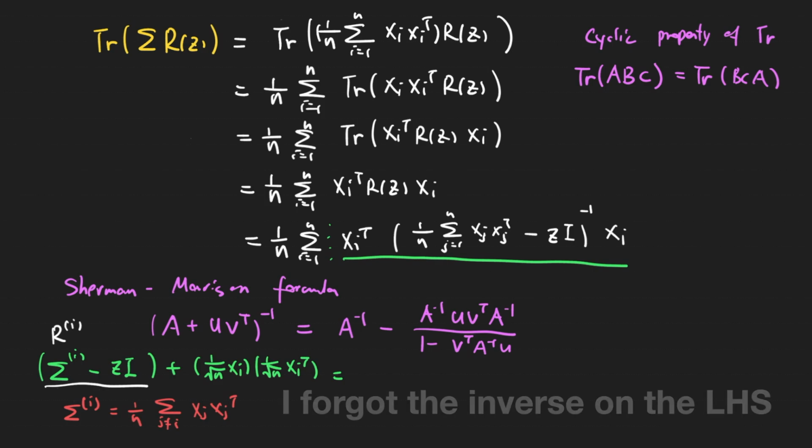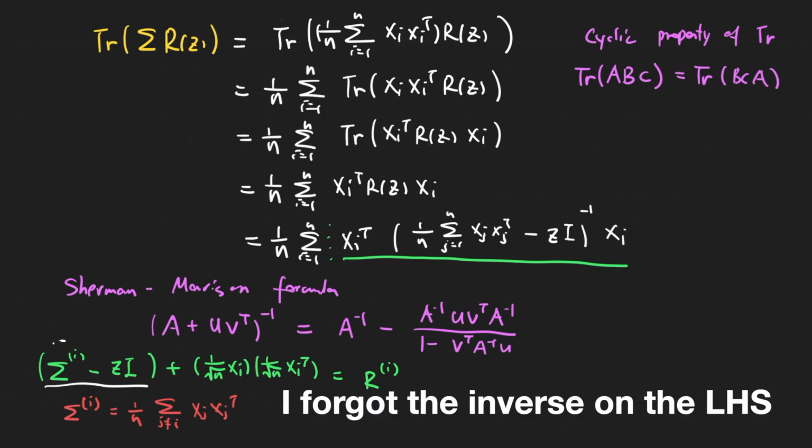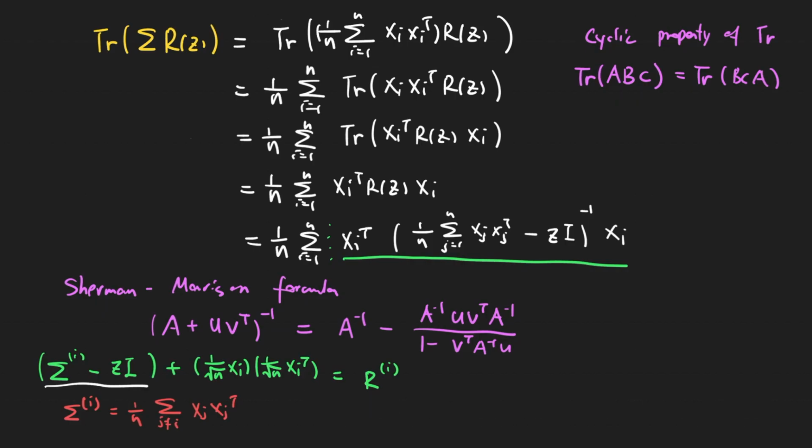On the left-hand side, sigma minus zI, the inverse of it is R. Applying the Sherman-Morrison formula, we have R superscript i minus R superscript i, and then we have 1 over n xi xi transpose R superscript i, over 1 minus 1 over n times xi transpose R superscript i xi.